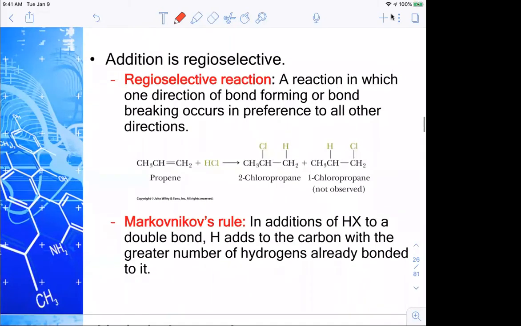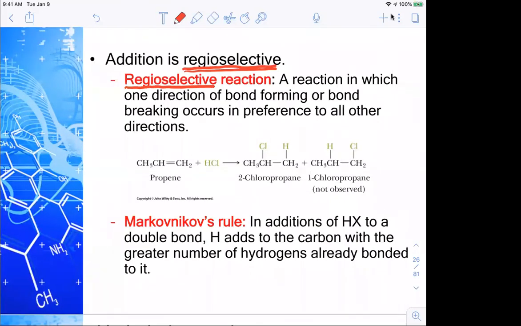Okay, we're going to get into some terminology. The addition is regioselective. In a regioselective reaction, there are two different products that can be made. One direction of bond forming or bond breaking will occur in preference to all other possibilities.